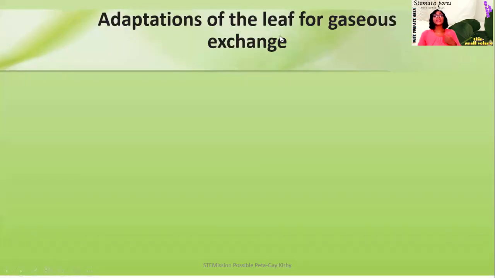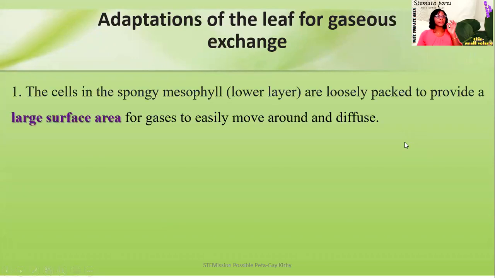What are some of the other adaptations of the leaf for gaseous exchange? The cells in the spongy mesophyll layer. Yes, here's an introduction to the name of the lower layer of your leaf. Notice the leaves that we looked at, even the area at the bottom, the back of the leaf, that lighter color.